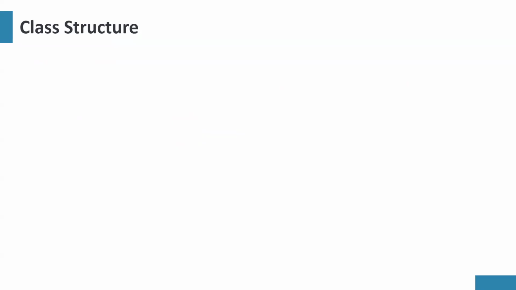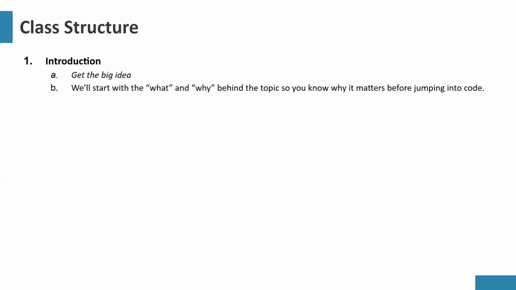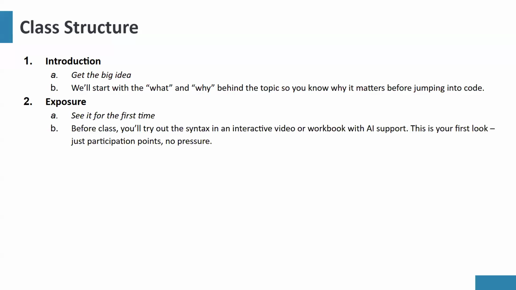To do this, the way I've set it up is we first introduce a concept, high level: the what, the why, when to use it. Get the big idea. We then do exposure. If I was to do this class again, I'm not sure if I would do data particularly again, but I do hope that those pre-class Google Colab files were helpful. That's the code that I want you to focus on.